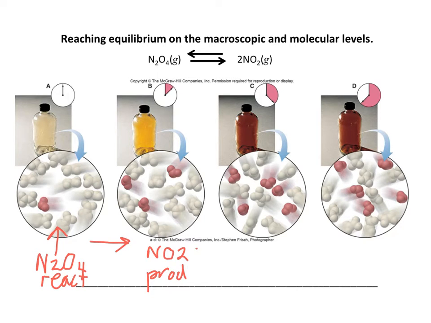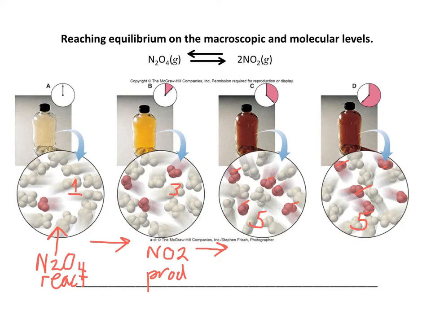And the system continues to establish equilibrium, and as we see, there was one NO2 here. There's 3 NO2 in this picture. We have 1, 2, 3, 4, 5 NO2 in this picture. 1, 2, 3, 4, 5 in that picture.